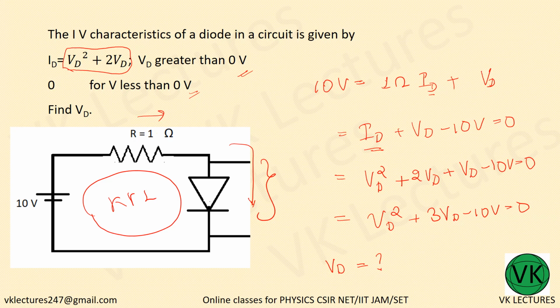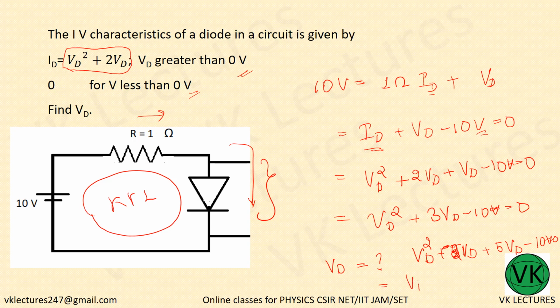5 minus 2. Okay, VD minus 5 plus 2. VD square plus 5VD, sorry, let me write 2VD. VD square minus 2VD plus 5VD minus 10, you need not write V, 10 is enough, equal to 0.